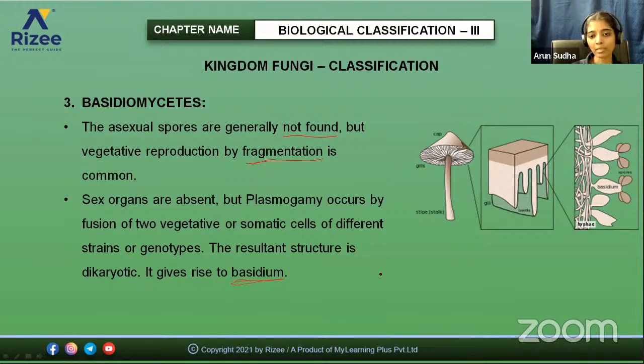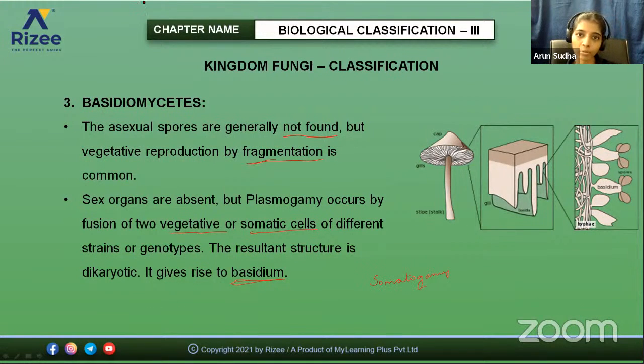What is the process involved here? We saw different types of fusion, gametangial contact and gametangial copulation. But here, somatogamy. Do you remember? We saw somatogamy, where there is a fusion of vegetative or somatic cells.